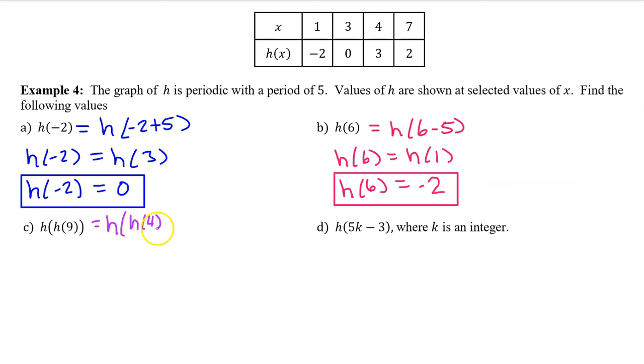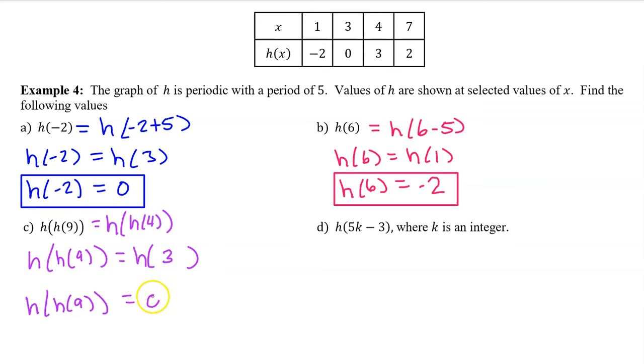H at 4 is on the chart. So h at 9 is equal to h at 3. But then h at 3 is also on the chart. So h at 9 is equal to 0.